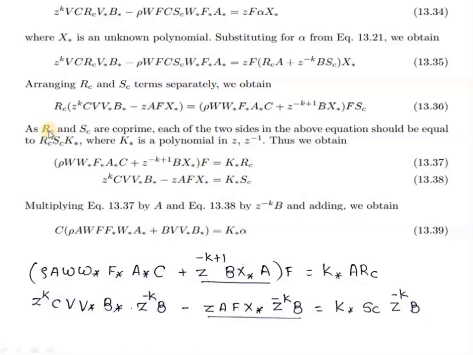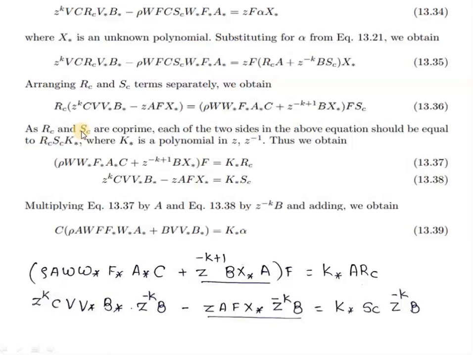From this we can conclude that rc and sc are co-prime. Co-prime means there is no common term between the two polynomials, rc and sc. Suppose there is one common term between these two polynomials, then a cancellation occurs, but our control effort should be stable.